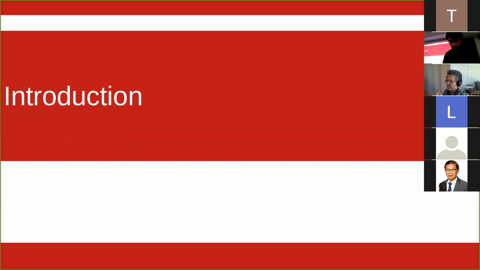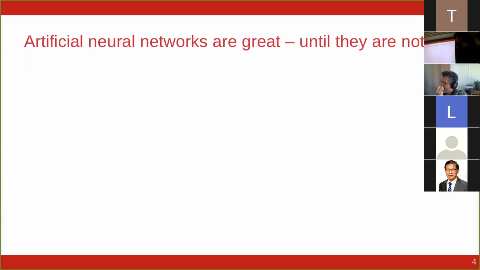So I assume most of you, as PhD students in a deep learning group, are already familiar with the concept of artificial neural networks. That's a great tool. They work as a universal function approximator. And everything is fine until it isn't.